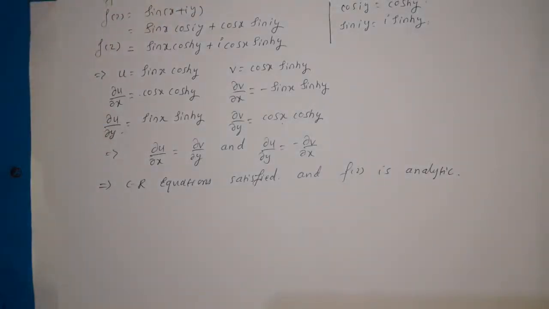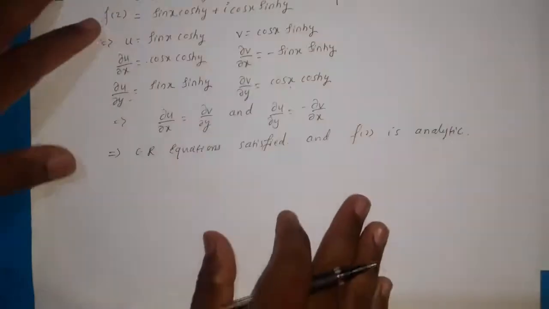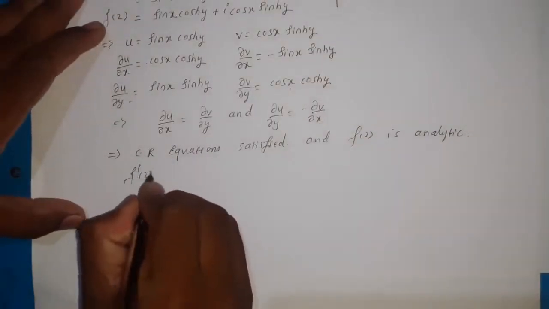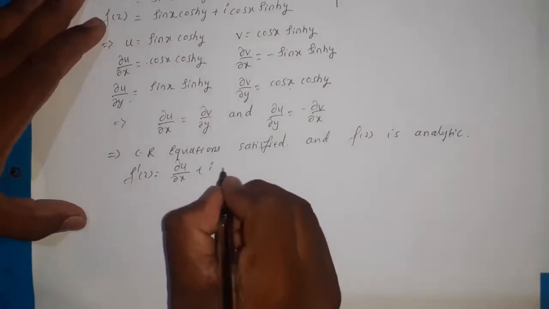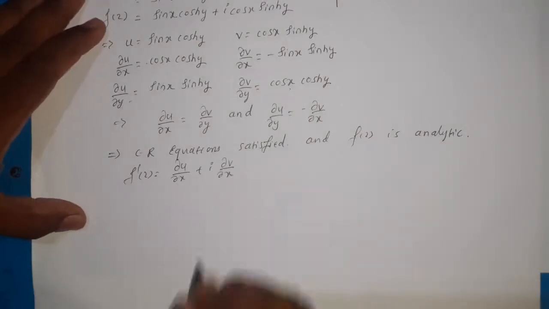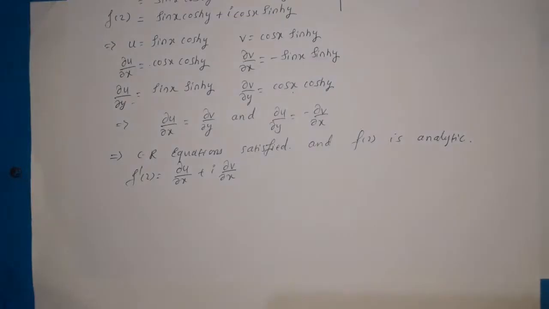Next we need to find f dash of z. Here f dash of z equal to dou u by dou x plus i into dou v by dou x. This is an important formula that you have to remember.